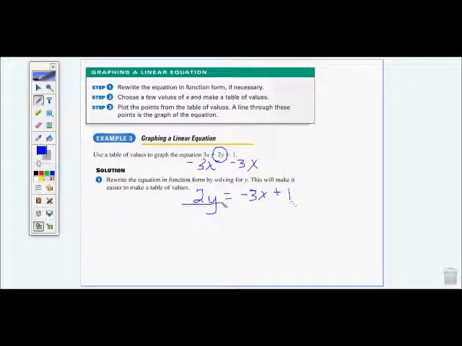Now I need to solve for a single y, so I'm going to divide both sides by 2. And you might want to write this as two separate fractions. I can't simplify, so I'm going to write my coefficient as -3/2 x, and then I'm going to add 1/2. So my equation is going to be -3/2 x plus 1/2.